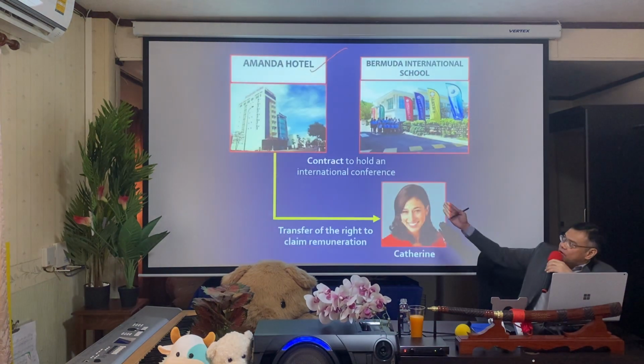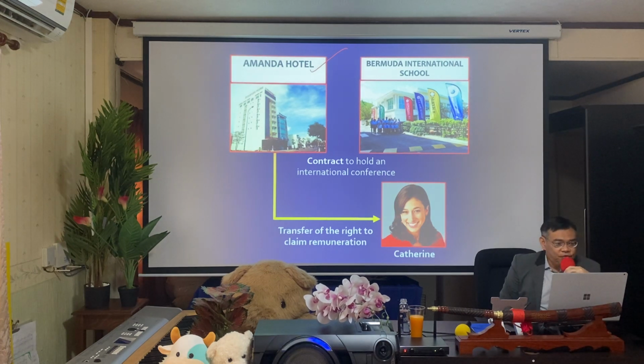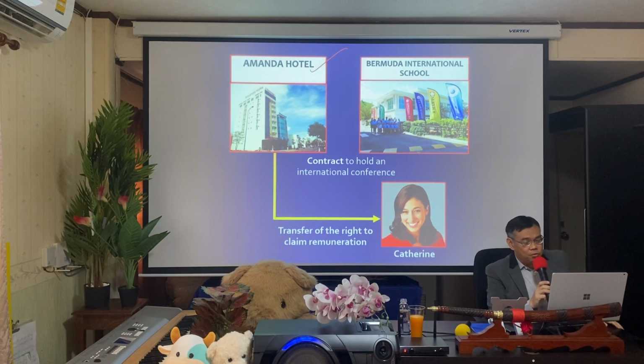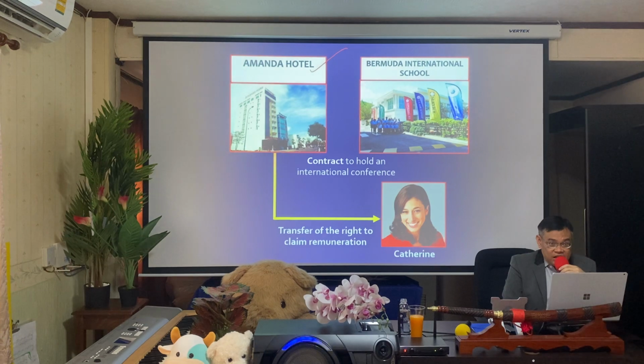So Amanda Hotel agrees with Bermuda International School to hold an international conference for the school, including the provision of food during the conference, in return for remuneration of 2 million baht.